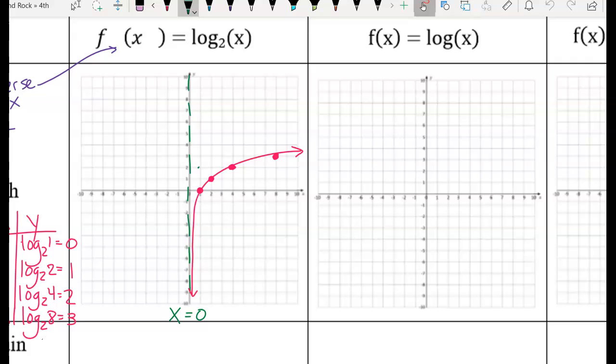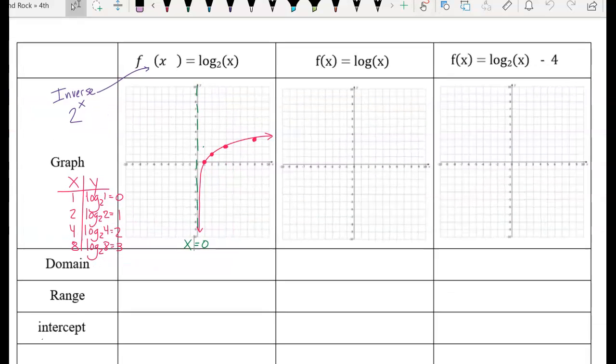Is there anything else I wanted to say about these 2 graphs? Oh, let's just quickly look at this third one, because what do you notice about the first graph versus this third one? It's translated down 4. So take the first graph.